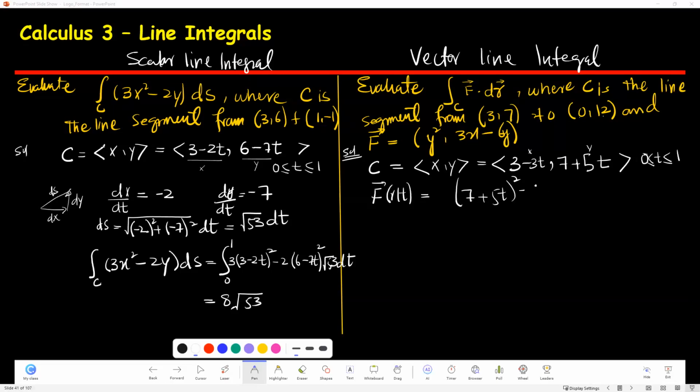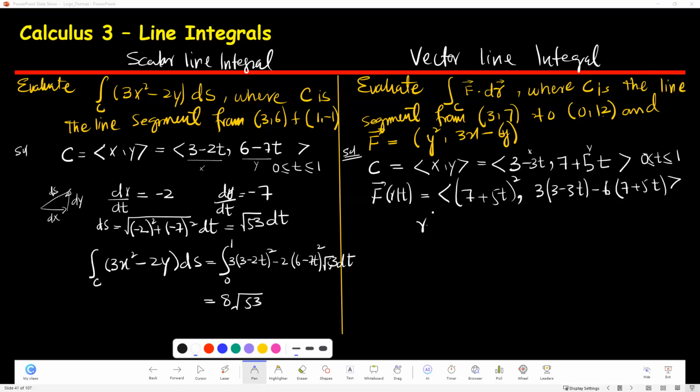So 7 plus 5t squared, you're going to take 3 minus 3t minus 6, and the y value is 7 plus 5t. And that's my function, pretty much, for f.